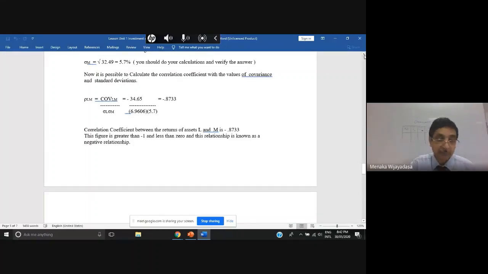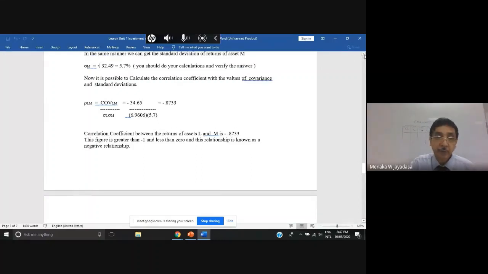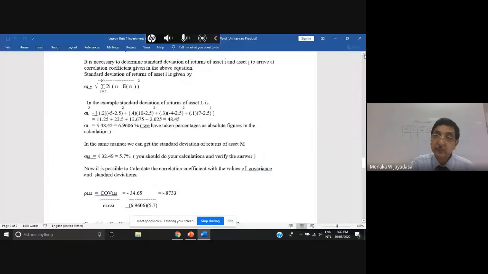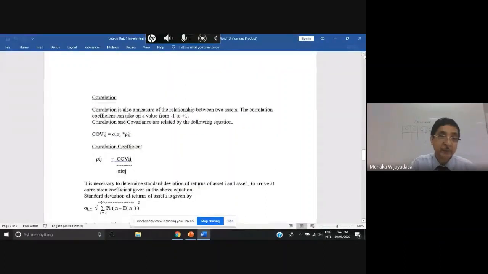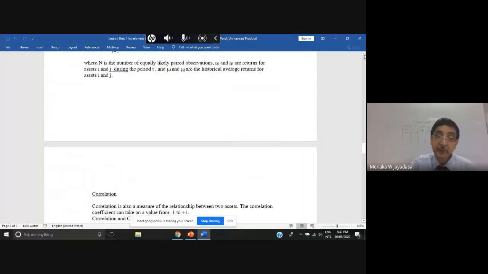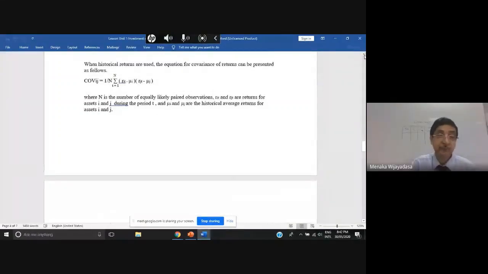Now, what I feel is, if you are comfortable with the calculation of covariance, then you need to go into the next one, that is correlation. I think that covariance has a direct connection with correlation.